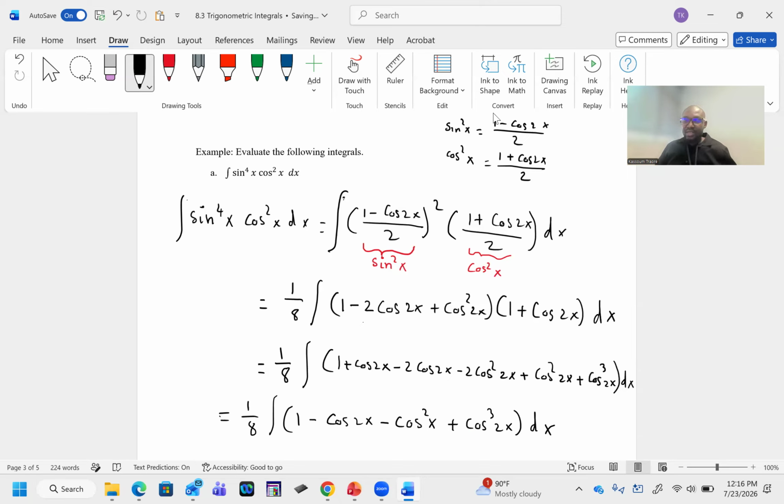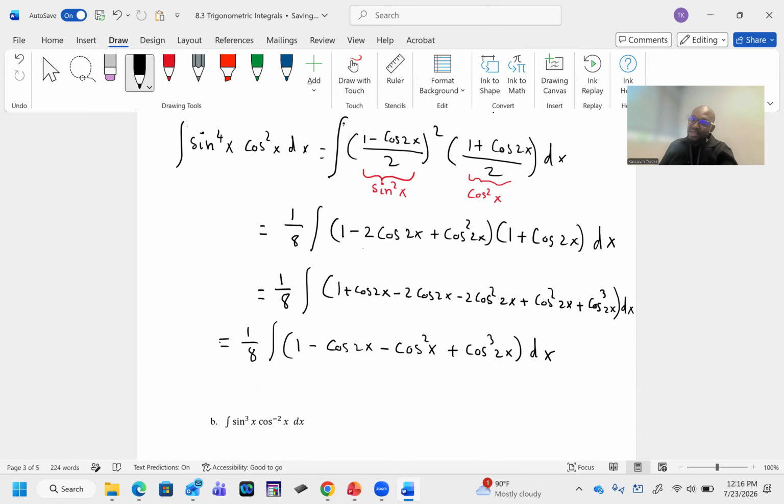Okay, now you can see, I can integrate each of these independently, right? I don't know if you understand. I can integrate each of these one independently. Like I can say this is the same thing as 1 over 8, because now you can see the integral of these two can be found easily, right? So I will write 1 minus cosine of, let me use a bracket here.